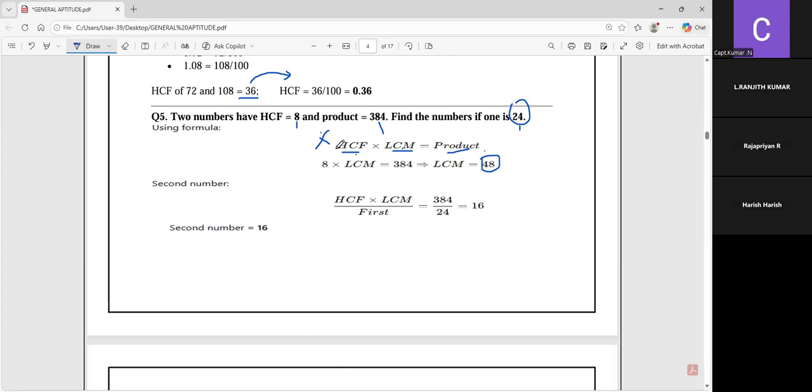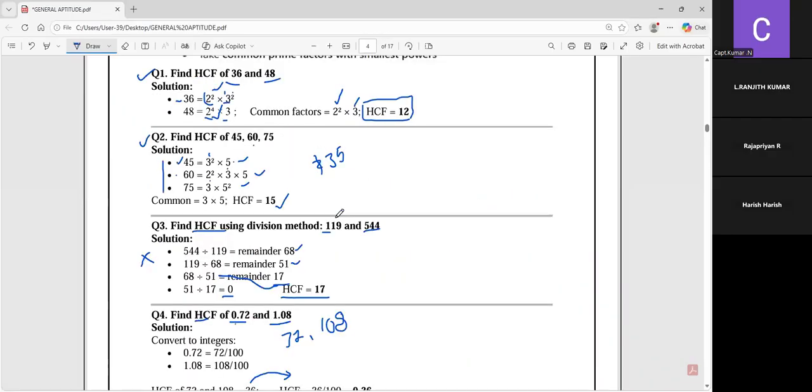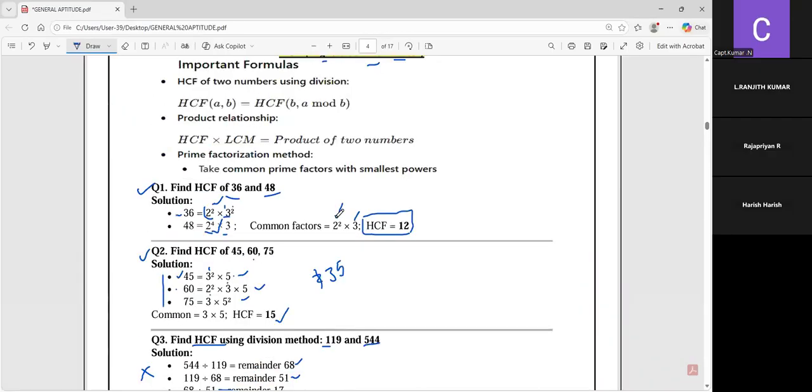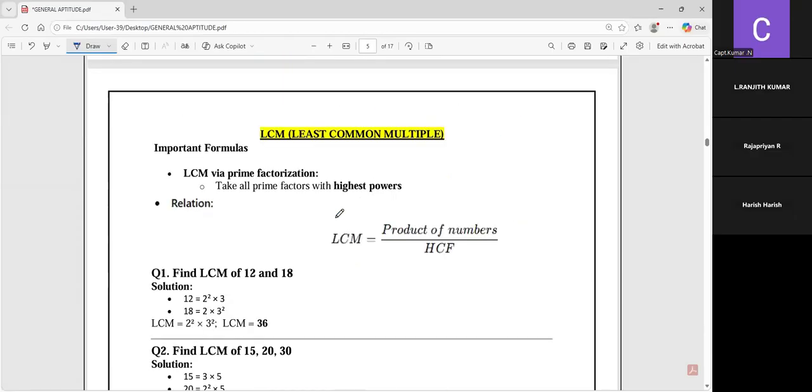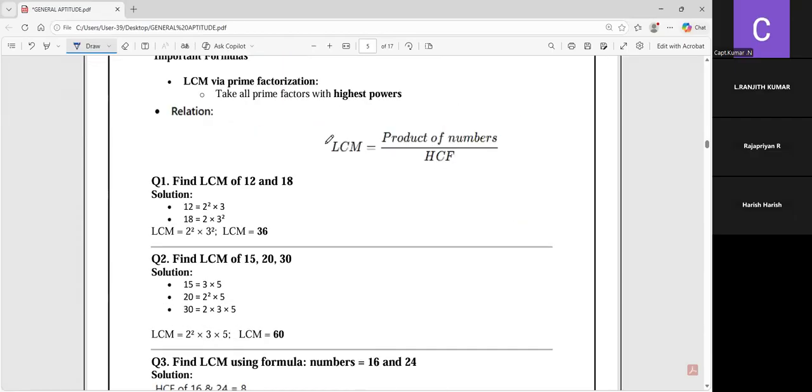This is the basic formula for finding the unknown HF and LCM number. Okay, in this HF and LCM, there are three different types we are going to see. Similarly in LCM, same thing: the product of LCM and HF is equal to the product of the numbers.